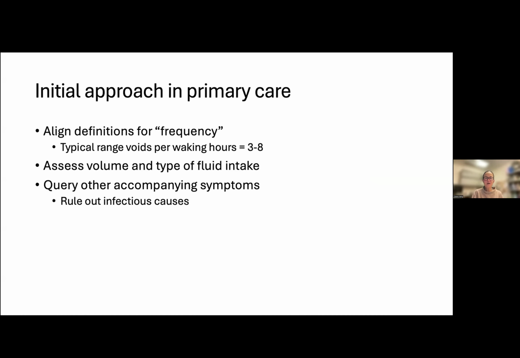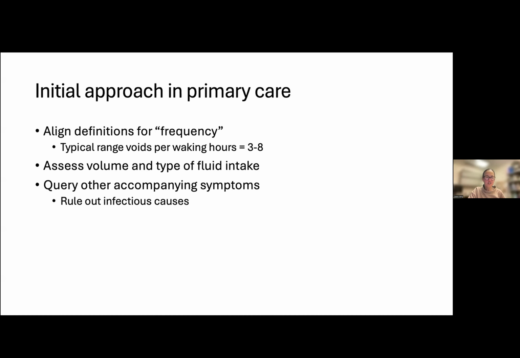So when a patient comes to you in clinic saying, I pee too often, I would say the first thing to do is align the definition for frequency or too often. And as I mentioned earlier, 3 to 8 times in the waking hours is the normal range.